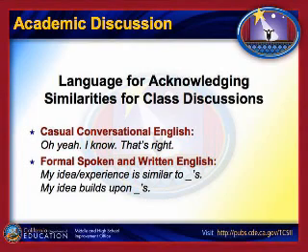Or if the idea is quite similar but actually adds some information, I like teaching middle school the expression, my idea builds upon. So it adds another dimension, and then get them to say their whole statement. This increases the odds, if they're accountable for acknowledging similarities, that they're actively listening, which is not necessarily the forte of many middle school youths.